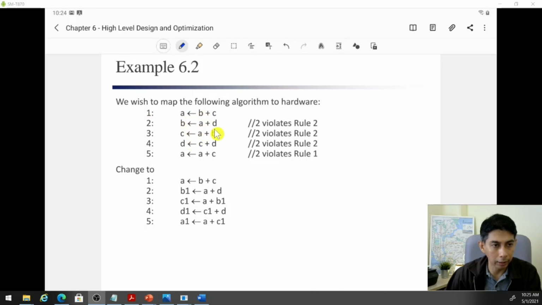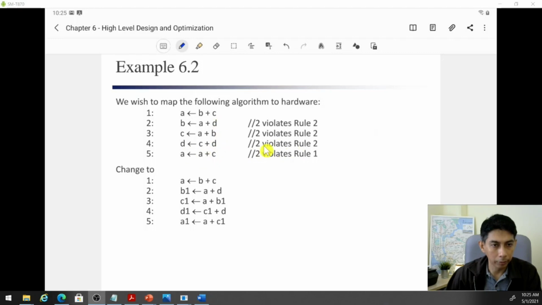We can see that this number 2 cannot be done because it violates rule number 2, where you write this data to the operand of the first statement, so cannot. This one is also the same, violates rule number 2, where you write new data into the operand of the first statement. So this is not allowed also.